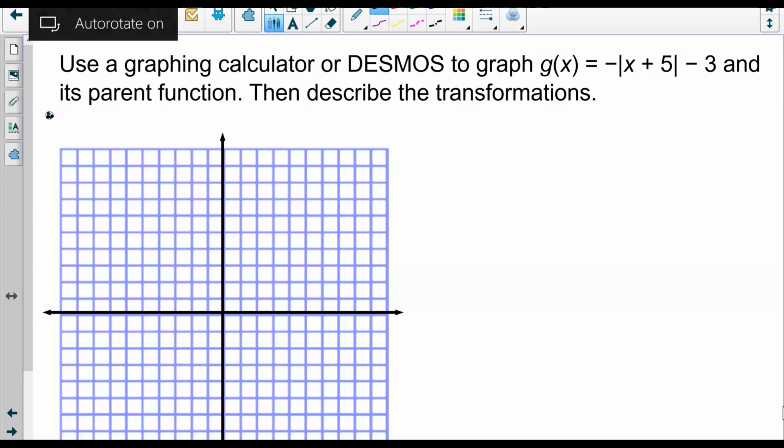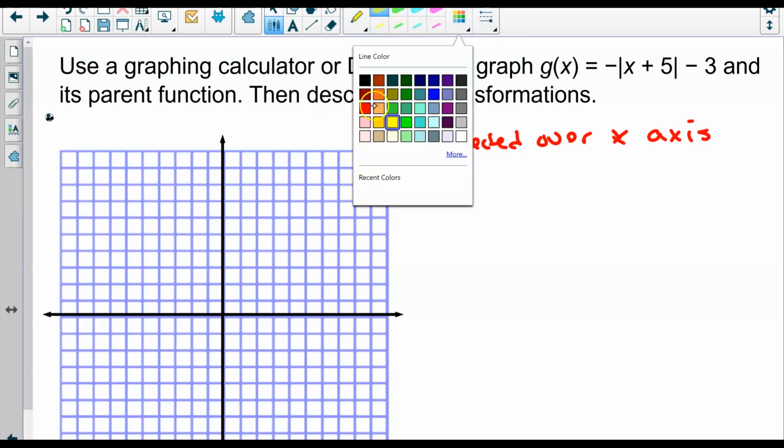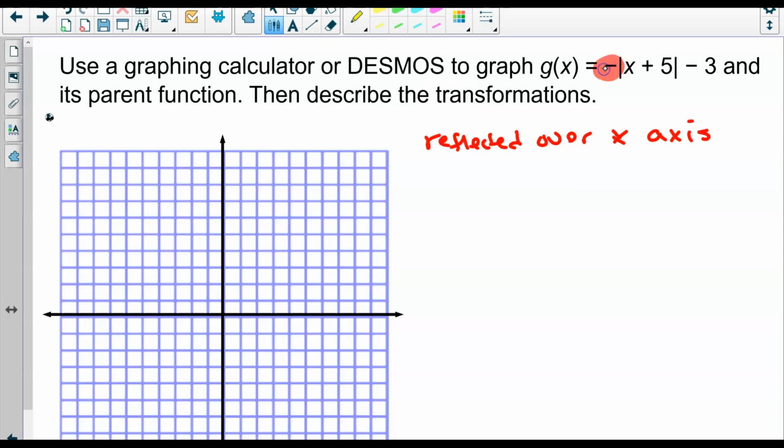I can describe those transformations as being reflected over the x-axis. I know that because of this one right here.